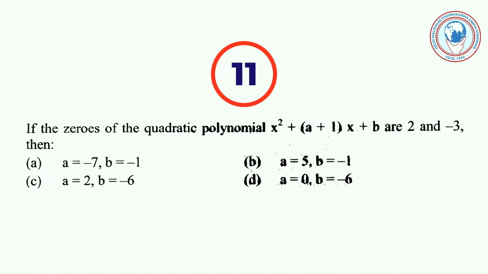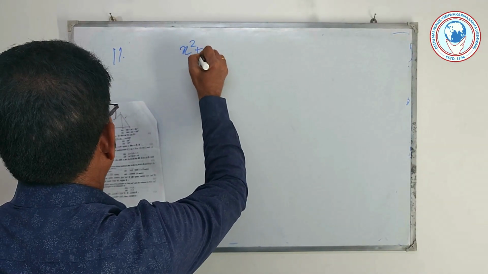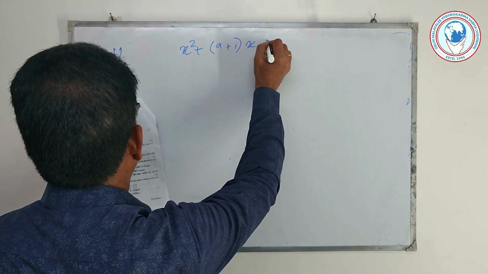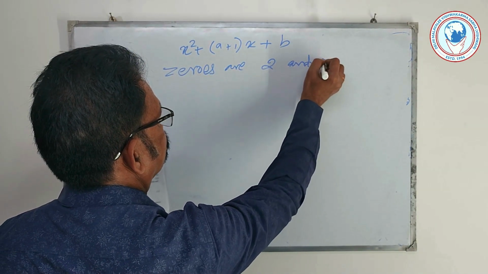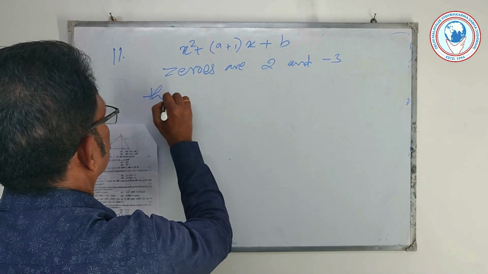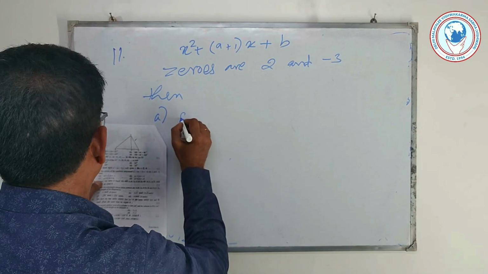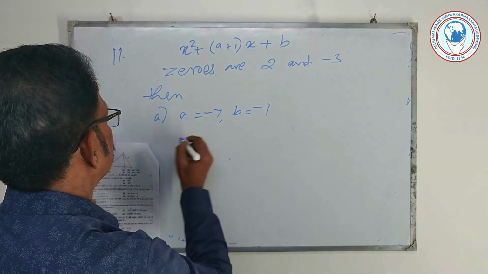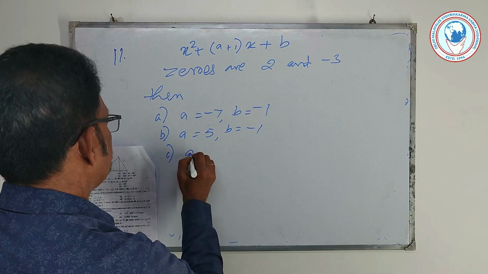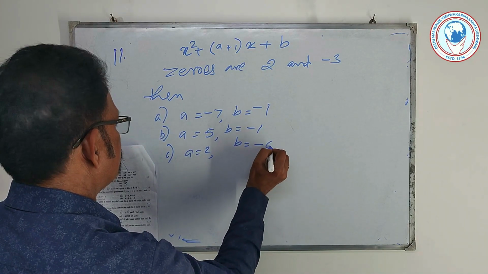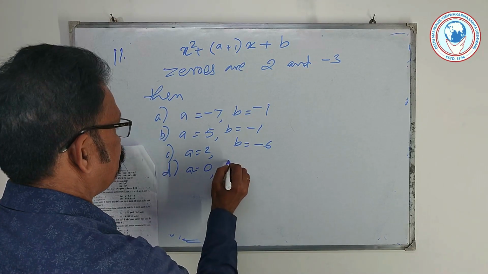Question number 11. If the zeros of the quadratic polynomial x square plus a plus 1 into x plus b are 2 and minus 3, then the options: A, a is equal to minus 7, b is equal to minus 1; B, a is equal to 5, b is equal to minus 1; C, a is equal to 2, b is equal to minus 6; and D, a is equal to 0, b is equal to minus 6.